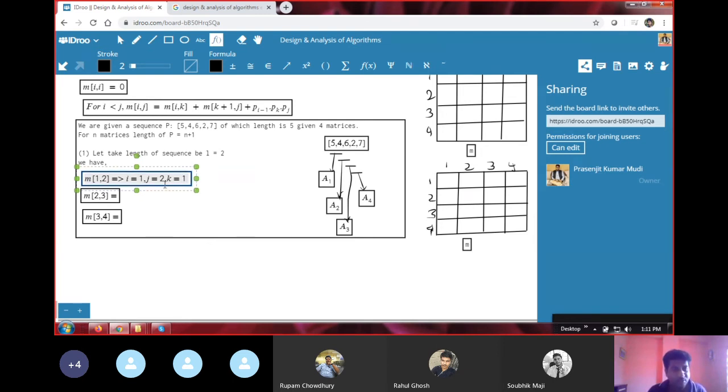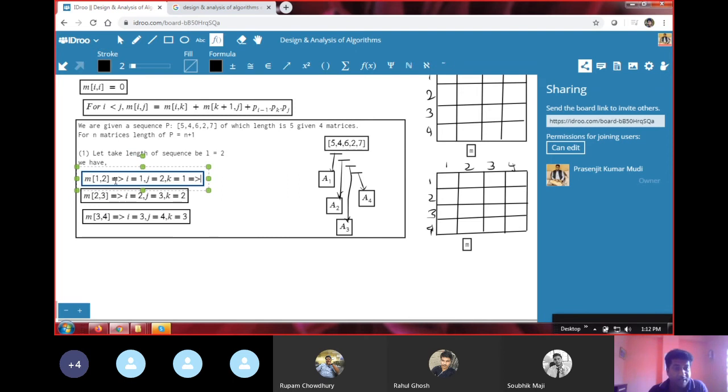So this corresponds to this. Similarly, here i equals 2, j equals 3, so k will be equal to 2. Similarly, here we have i equal to 3, j equal to 4, and k equals 3. Okay? So now at this moment, let us try to find the cost.